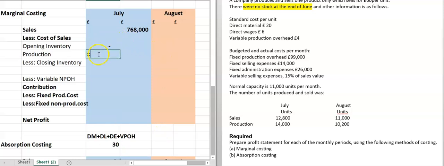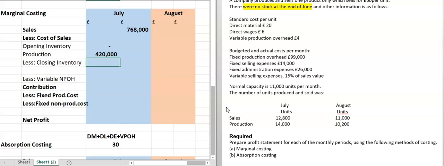So here 14,000 is the July production units into 30 pounds. Then after that you have to less the closing inventory. So how much is the closing inventory?